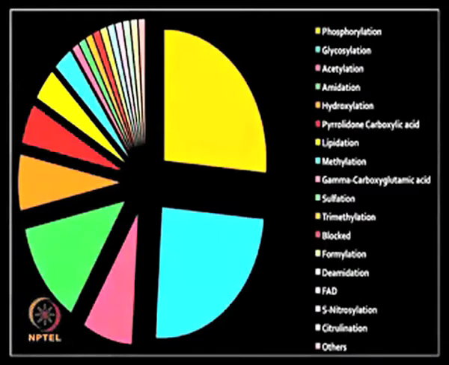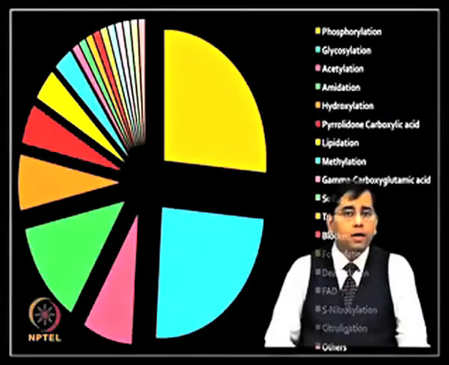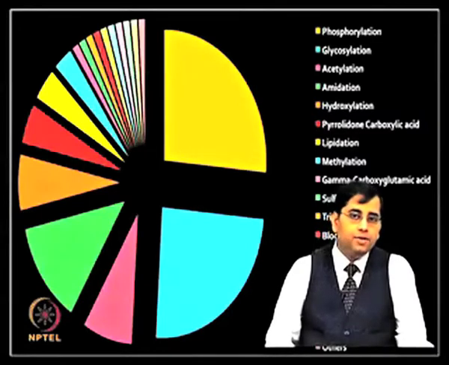There are several types of post-translational modifications that can take place at different amino acid residues. The most commonly observed PTMs include phosphorylation, glycosylation, methylation as well as hydroxylation and acylation.